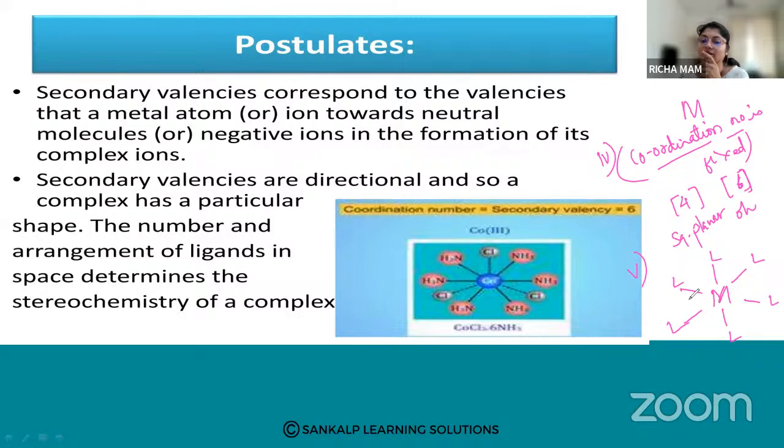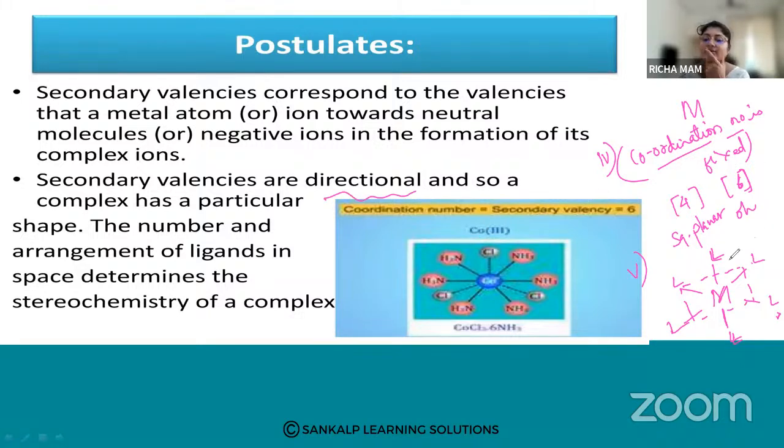You can see how the ligands arrange themselves. 4 ligands are at the 4 corners of the square, and 2 ligands are at the axial positions. Like this, they arrange themselves in a spatial arrangement. So secondary valencies are directional.